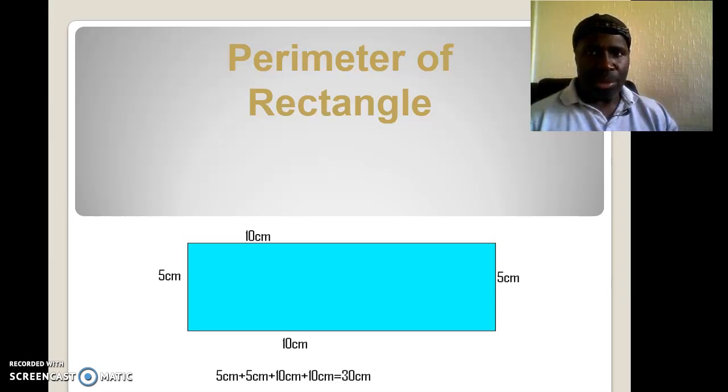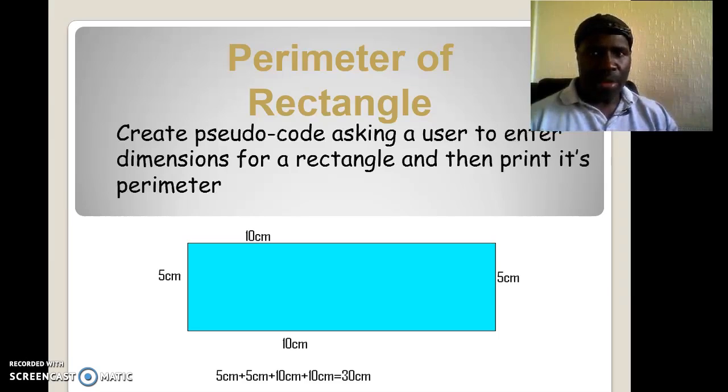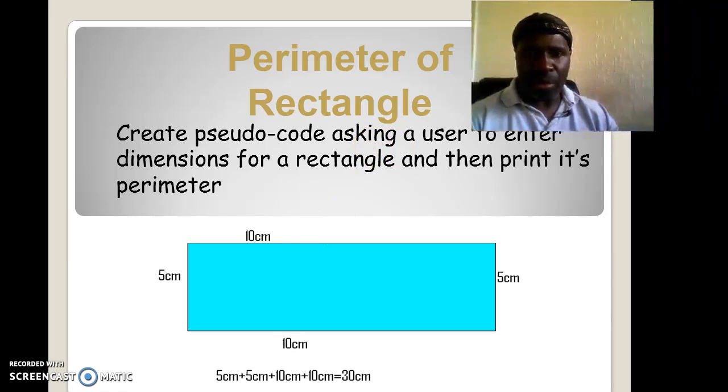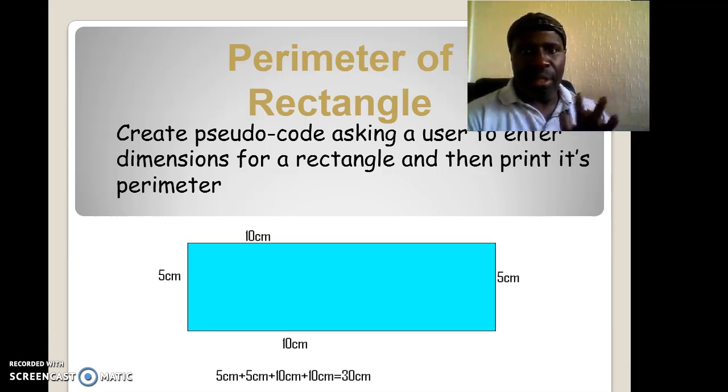Moving on now to the perimeter of a rectangle. It's the same process. We want to be creating pseudocode to calculate the perimeter of a rectangle. So yet again, have a go at that, and the answer is coming up on the next slide.